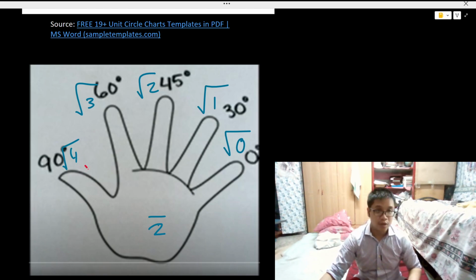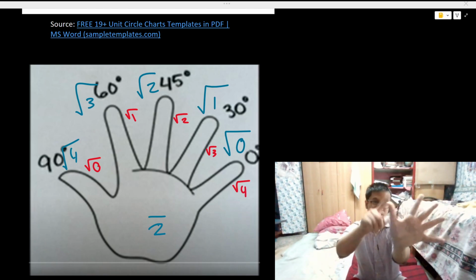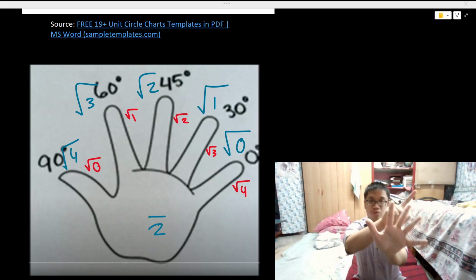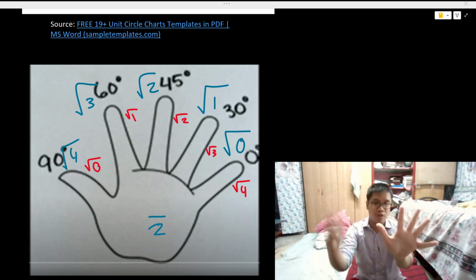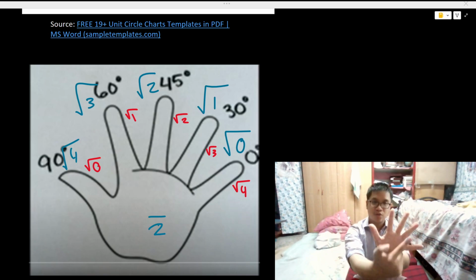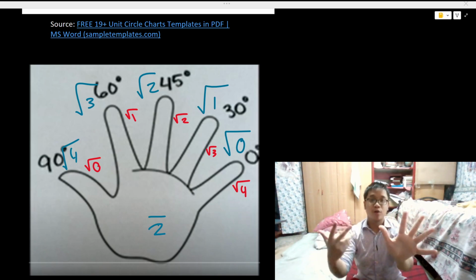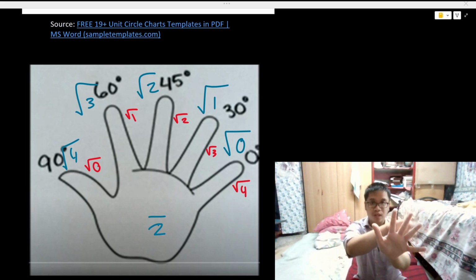Square root of 0, then square root of 1, square root of 2, square root of 3, and square root of 4. So 0, 1, 2, 3, 4. So it's the reverse. For sine, 0, 1, 2, 3, 4. For cosine, 4, 3, 2, 1, 0.